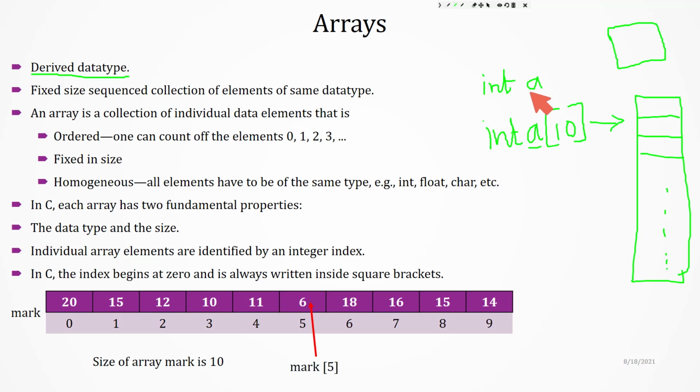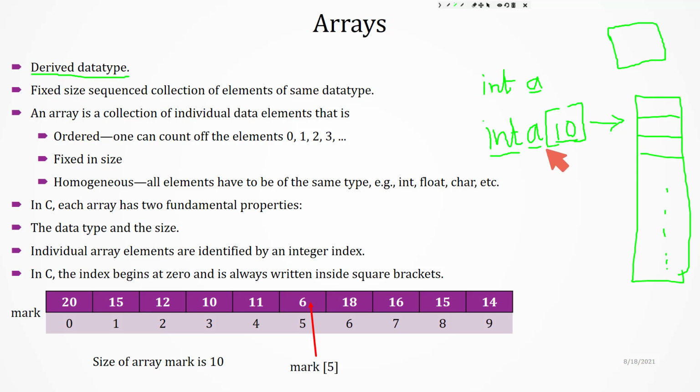Here both are a. Here a refers to an array of size 10 and that array can hold integer values. Imagine it has 10 cells and in each cell we can store an integer value, and the entire thing we call a.